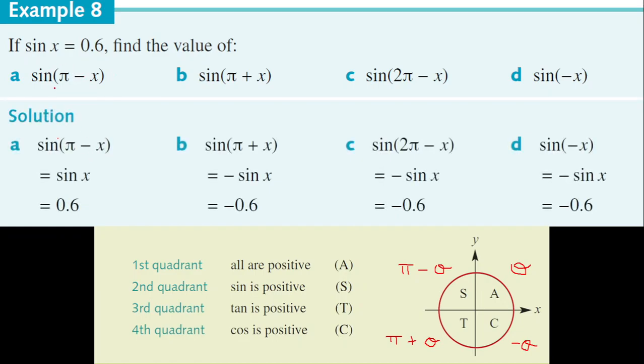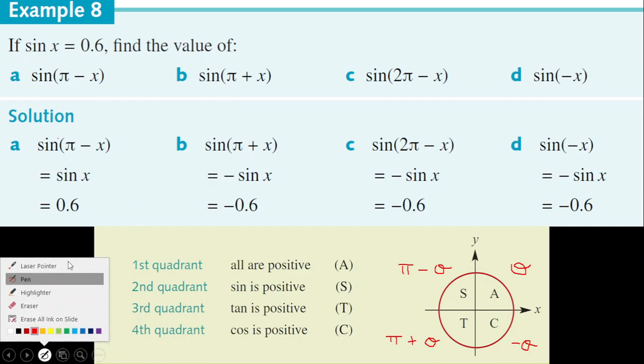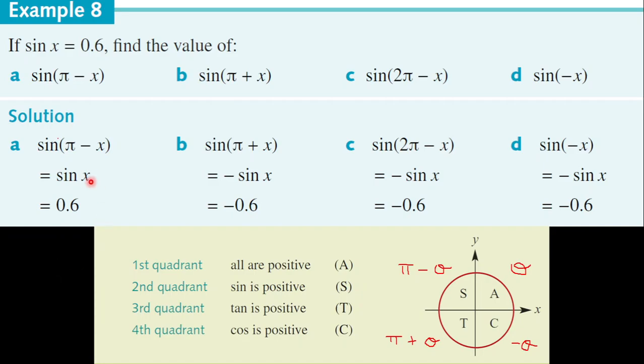So here from the second quadrant is also equal to sine of x, because in the second quadrant sine is positive, and that equals 0.6. Sine of pi plus x: you are in the third quadrant. Only tangent is positive, therefore it's negative sine of x, and then you substitute.